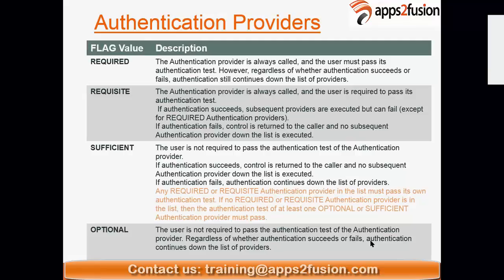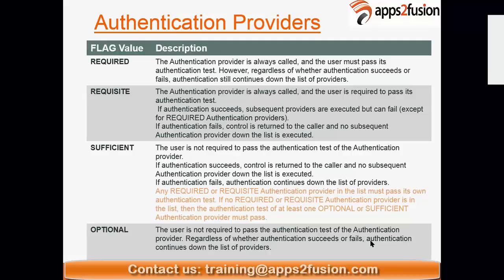So with requisite, if it fails, it does not go ahead; it will come back. Sufficient is where the user is not required to pass the authentication test of the provider. If the authentication succeeds, control is returned to the caller and the subsequent ones will not be called. And if it fails, again it comes down. So sufficient is somewhat the opposite.